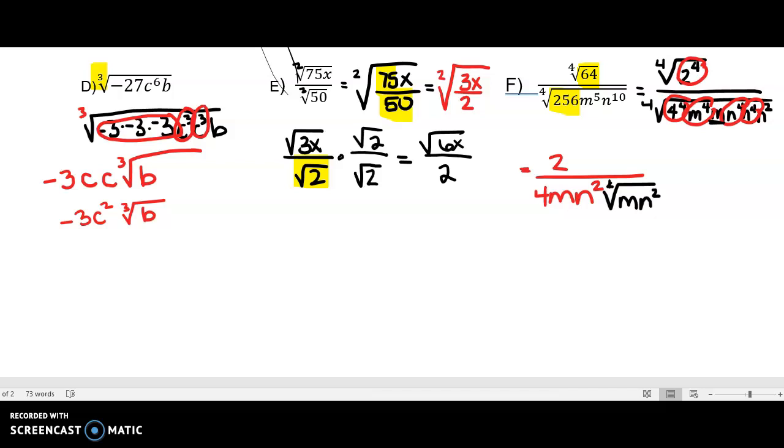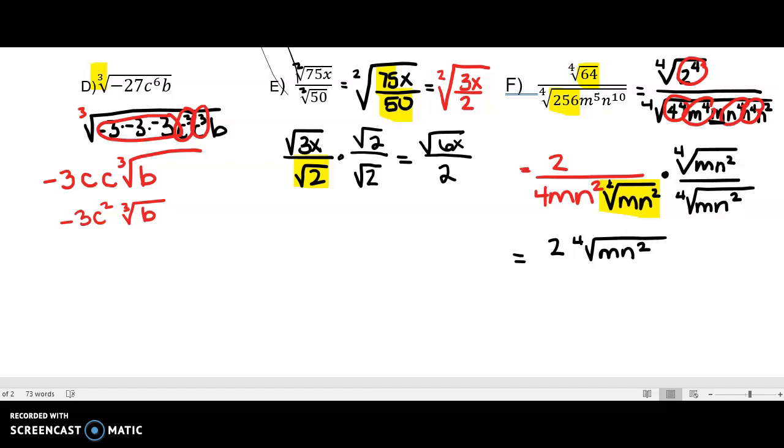Okay, so now we have to rationalize the denominator because we cannot have this in the denominator. So we're going to multiply everything by the 4th root of mn squared over the 4th root of mn squared. In the numerator, that's going to give you 2 times the 4th root of mn squared.